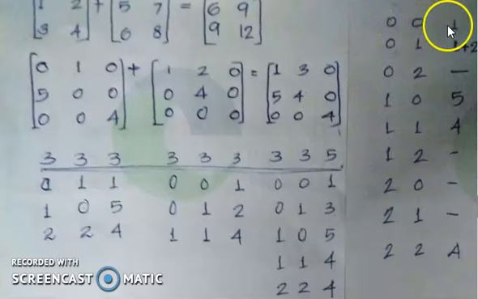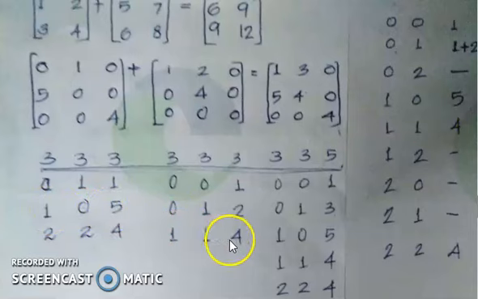At 0 0 we have a 1 from this matrix. At 0 1 we have a 1 from this matrix as well as a 2 from this matrix. So altogether we have the value 3, 1 plus 2. At 0 2 we don't have any entries in these two matrices. At 1 0 we have an entry here and there is no entry here, so keep it as it is.